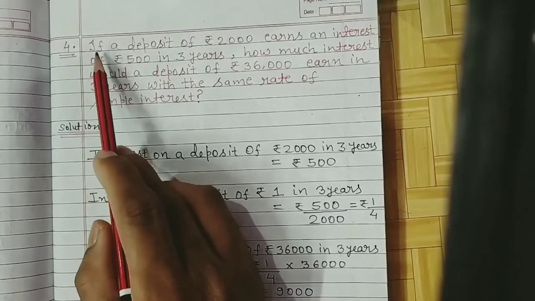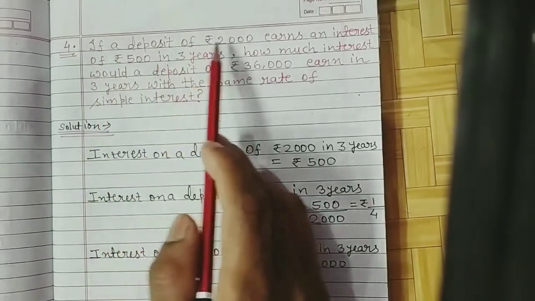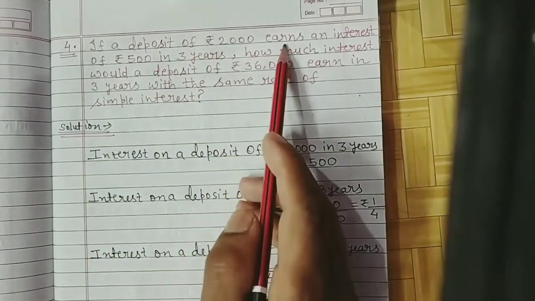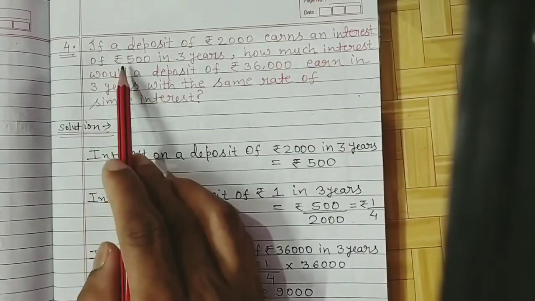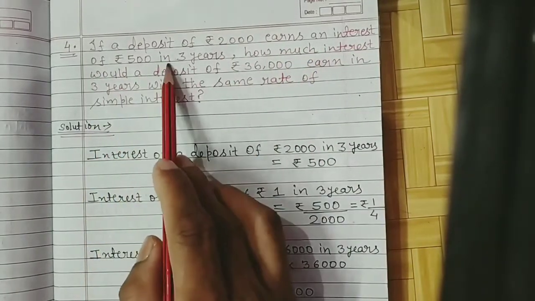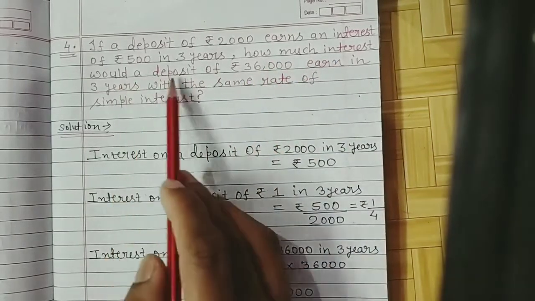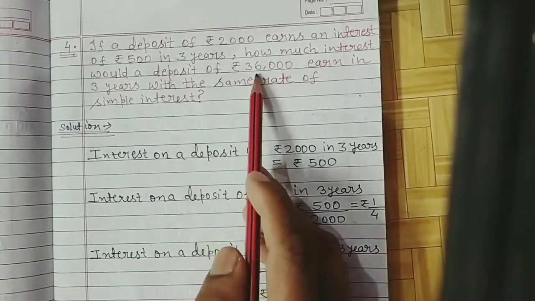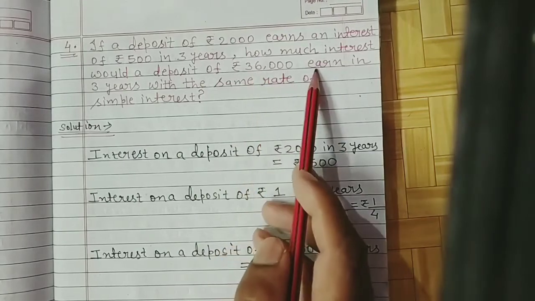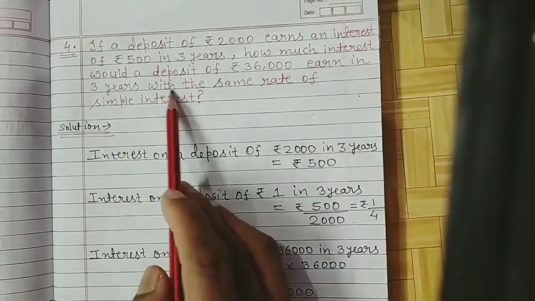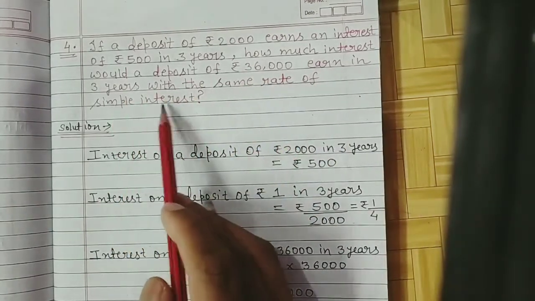Next question is, if a deposit of rupees 2,000 earns an interest of rupees 500 in 3 years, how much interest would a deposit of rupees 36,000 earn in 3 years with the same rate of simple interest?